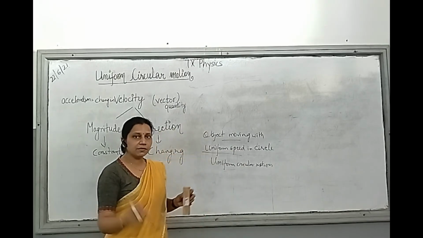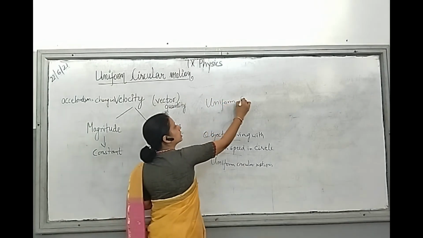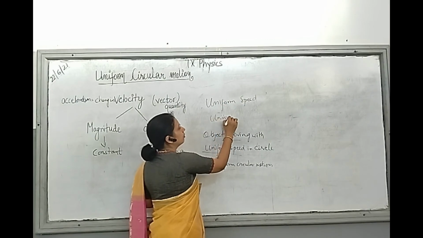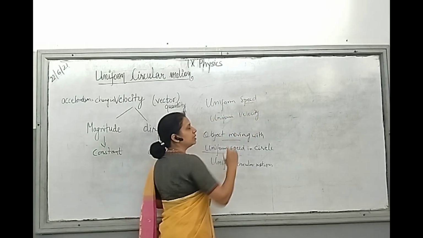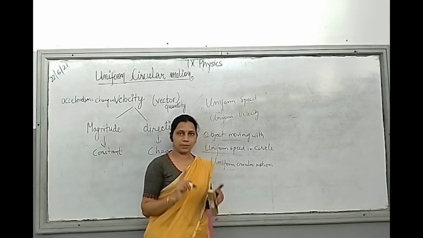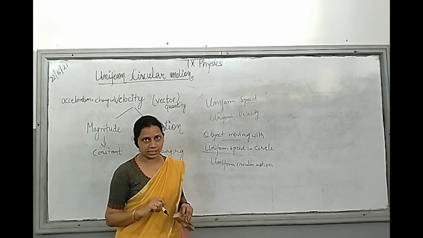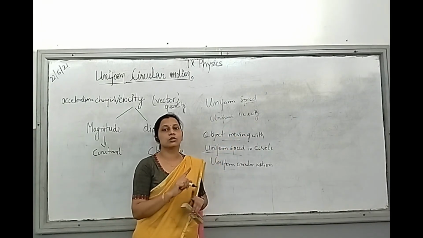One more thing: uniform speed, not uniform velocity. There is a big difference between uniform speed and uniform velocity. When I say uniform speed, I am only talking about magnitude. Magnitude is not changing, but direction may change. In uniform velocity, both direction and magnitude are not changing.